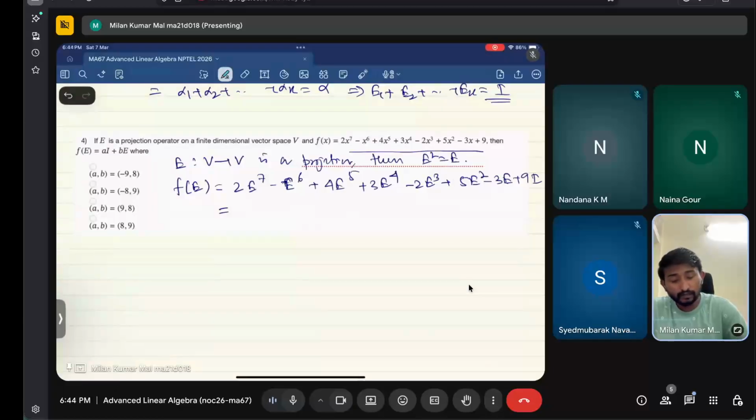So basically what you'll get, suppose you have E to the power 7.